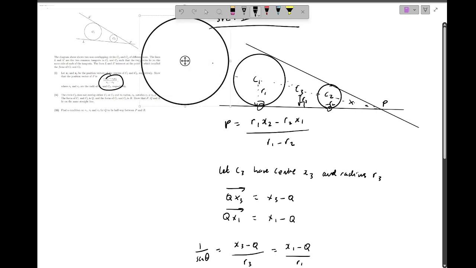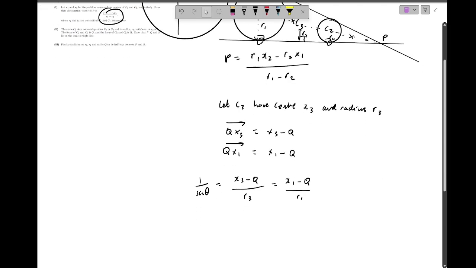And let's say that q was here. It would still be the same thing. We're still doing x3 minus q, and x3 minus q over this radius here is still equal to x1 minus q over this radius here of r1. You would just end up getting the same thing. It would still be x3 minus q and x1 minus q.